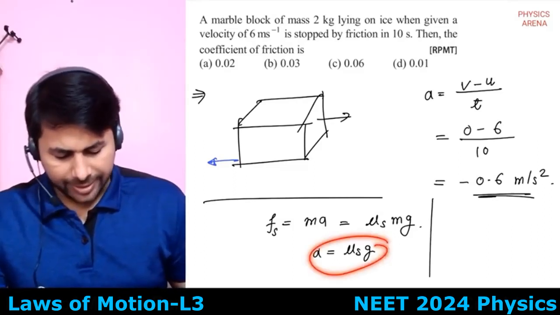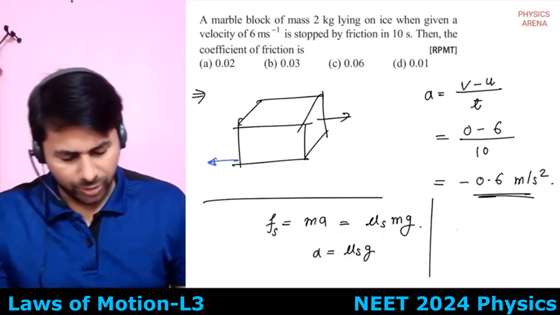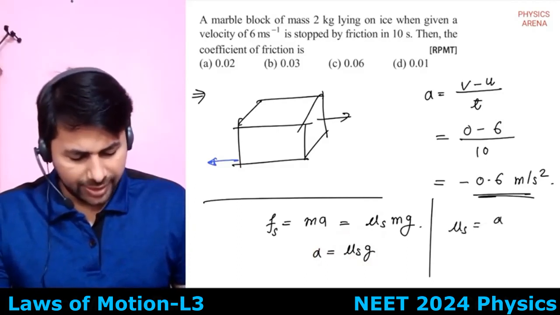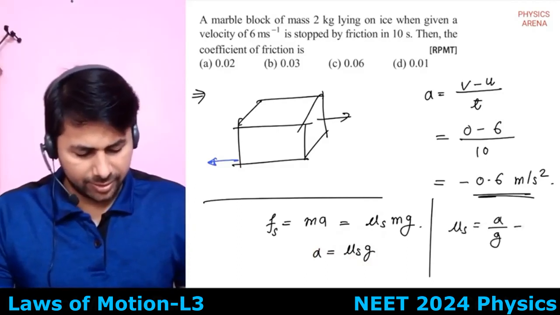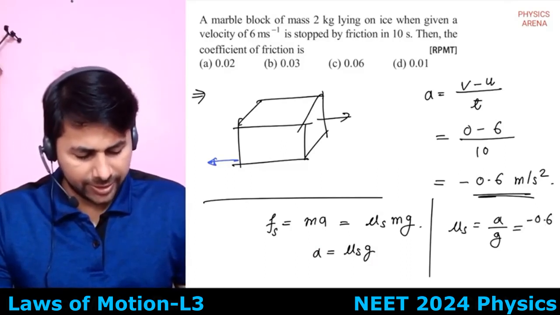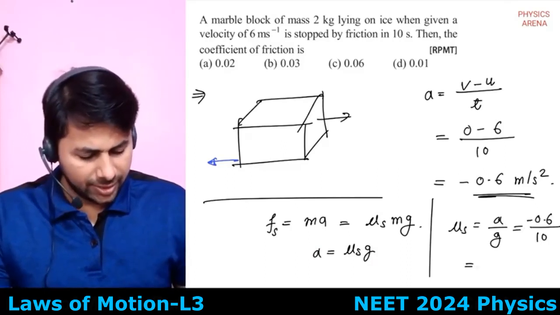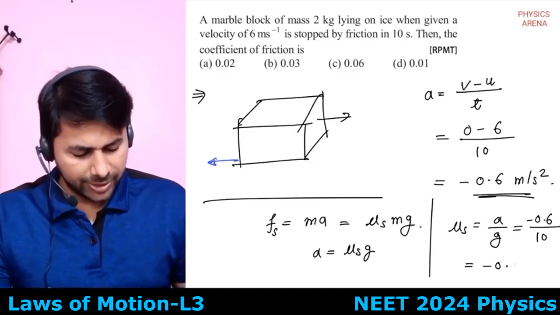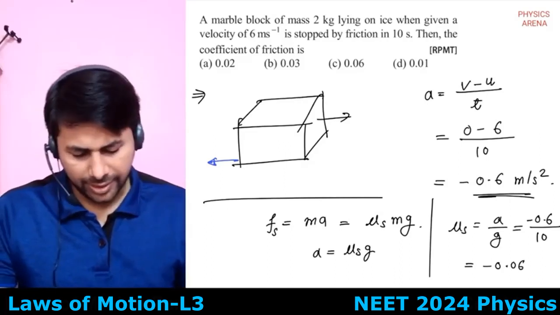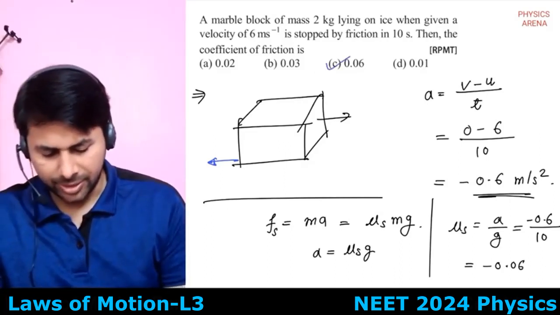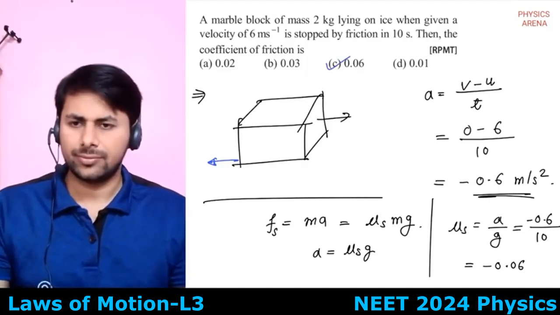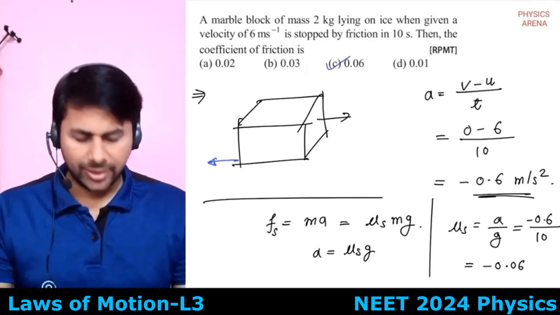So from this we can find out mu s. So mu s will be equal to just a divided by g. That is minus 0.6, g is 10. So it is minus 0.06, right? That's the answer. Option C. Got it? Yes, no?